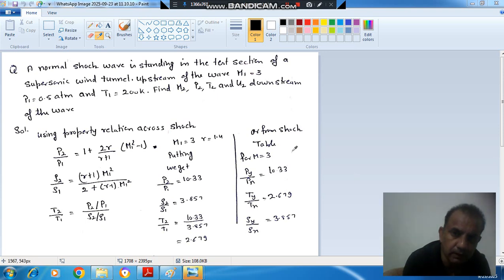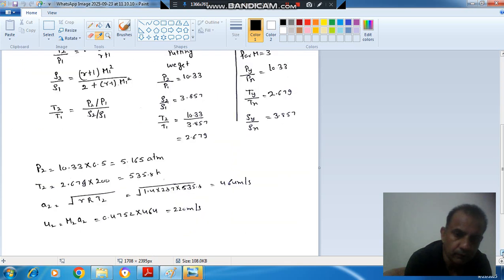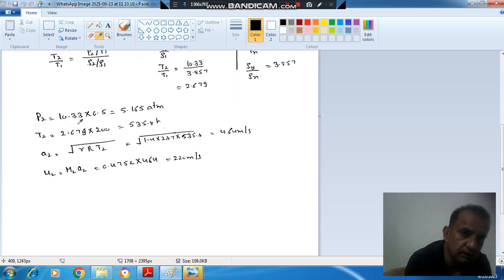So here, p1 is your 0.5, so p2 is 10.33 into 0.5, that is 5.165, and T1 is 200, so T2 is 2.679 into 200, that is 535.8.